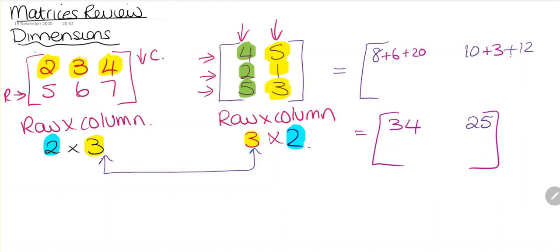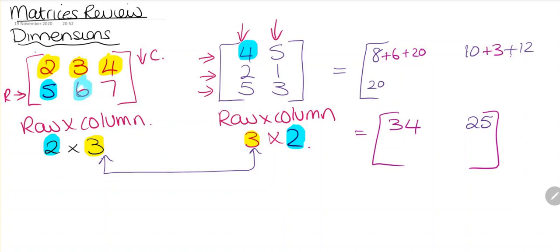So now let's take these off. So now we're going to look at this bottom number. So we've got 5, and first of all, 5 times 4. So this is 20.